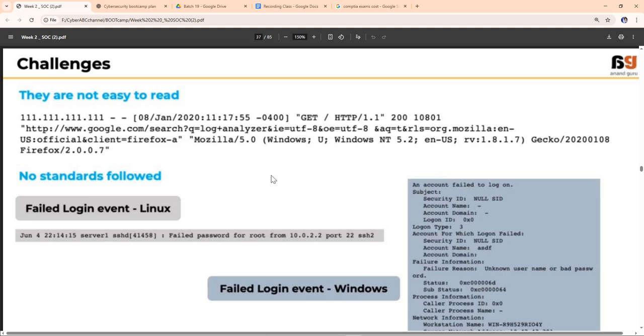That means this was saying that on the 8th of January 2020, at 11 hours, 17 minutes and 55 seconds up to 4 o'clock, that protocol was gotten.